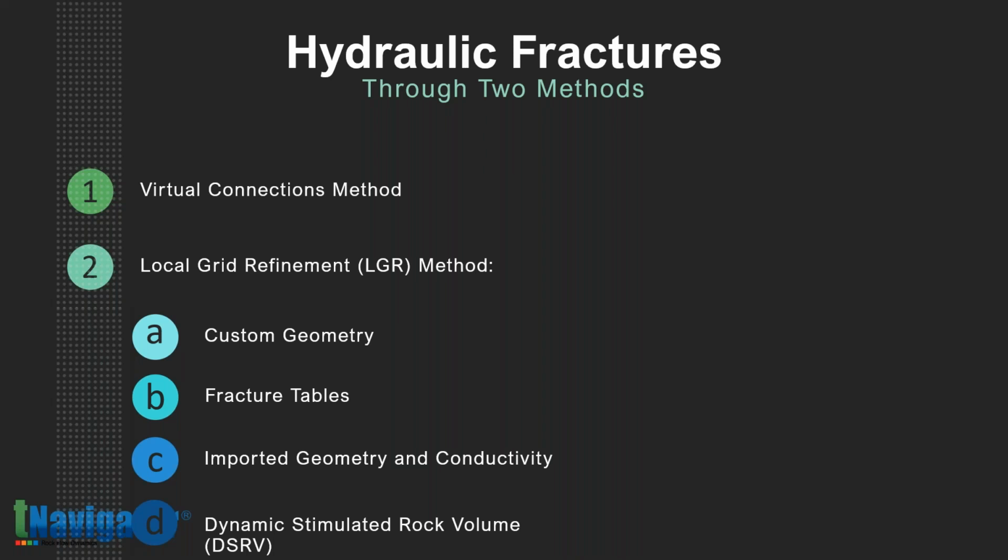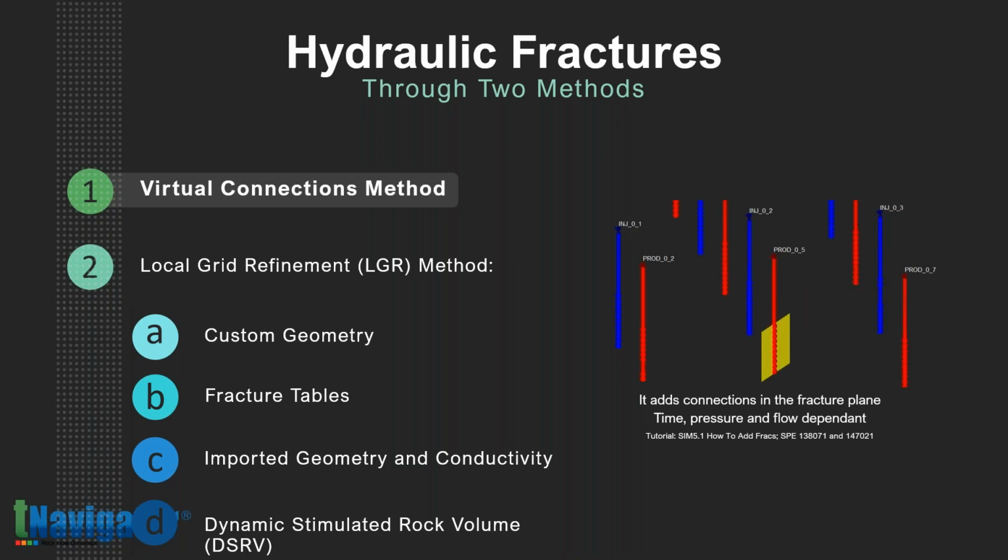The first one is using custom geometry. We can also use fracture tables to facilitate this process. But we also have this method to import geometry and conductivity, which is very popular among our customers right now. And lastly, we have the dynamic stimulated rock volume, DSRV.